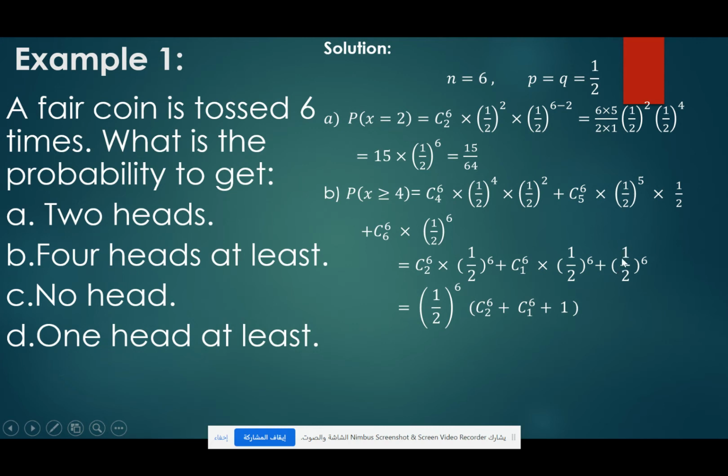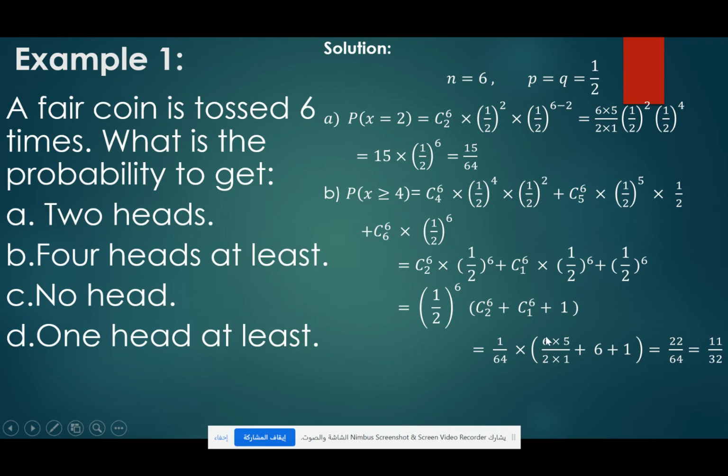Now you can see that 1 over 2 to the power of 6 can be taken as a common factor, and see what is left: in the bracket, 6 combination 2 plus 6 combination 1, plus 1 because nothing is written there. Now evaluate each. 1 multiplied 6 times gives 1, and 2 multiplied 6 times gives 64. And 6 combination 2 is 6 times 5 divided by 2 times 1.